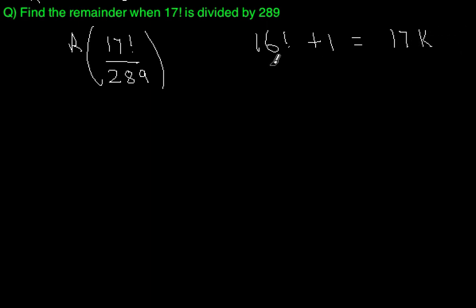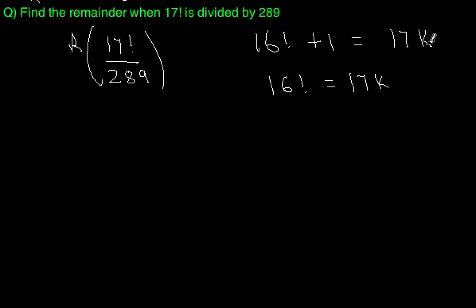Since 17 is prime, (p minus 1) factorial plus 1 is a multiple of p, which is 17 here.